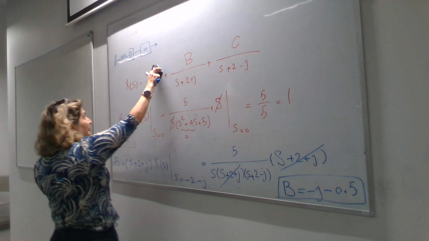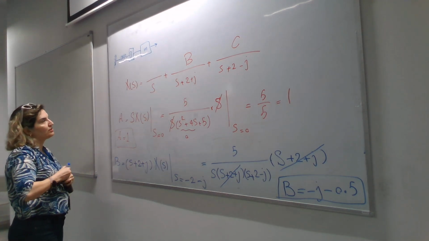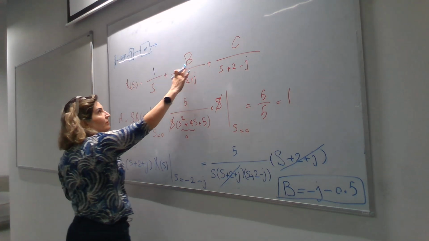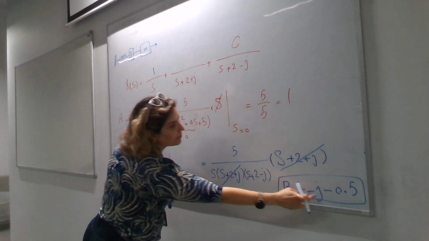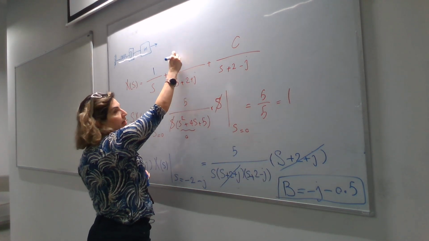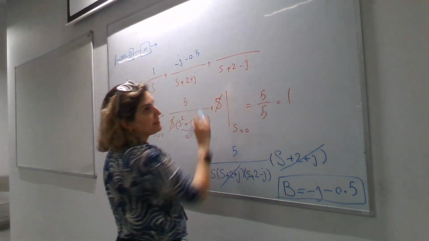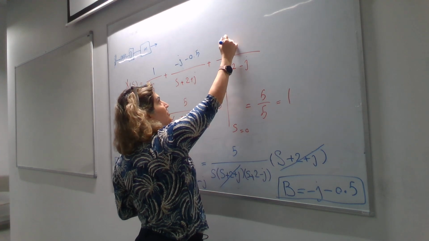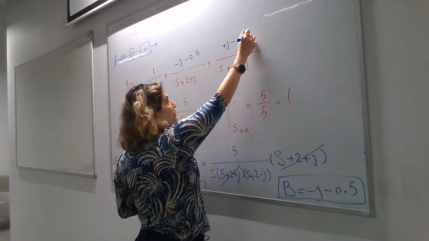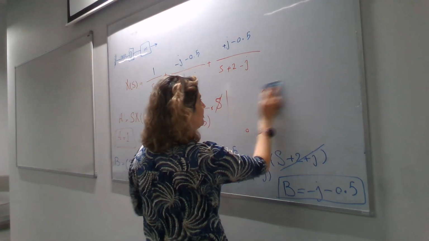What is A? A is 1. What is B? Minus j minus 0.5. And what is C? Plus j minus 0.5. Okay, let's take a look at this and see what this means.